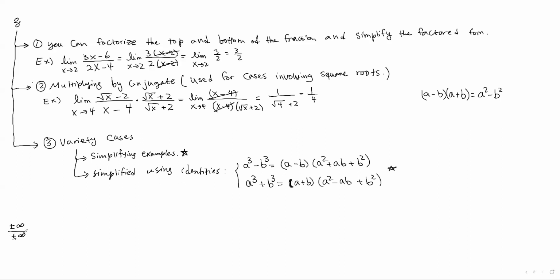The good news is this case, you don't need to know all these three different things. The one piece of advice I give you for these cases is, number one, I heavily suggest factoring out the highest power of x from both top and bottom.